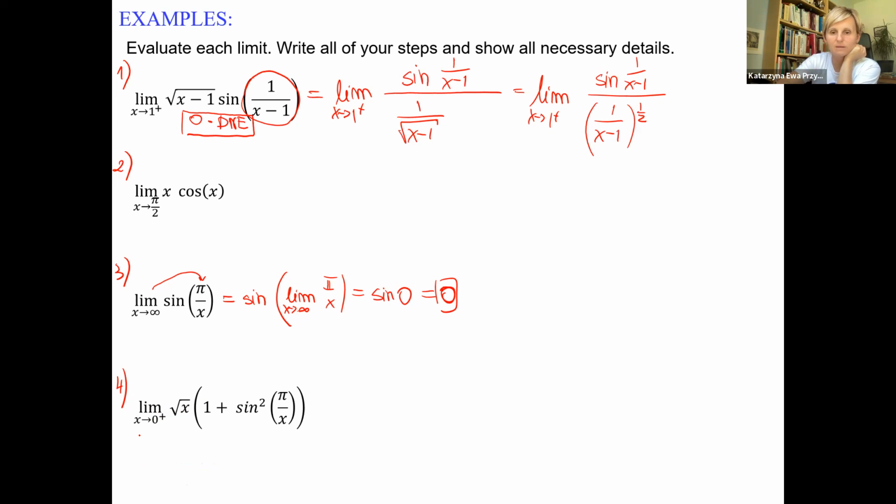Wait a second. Yeah, I was actually thinking that we might change the function to be a little bit easier, but I think that's the wrong way.